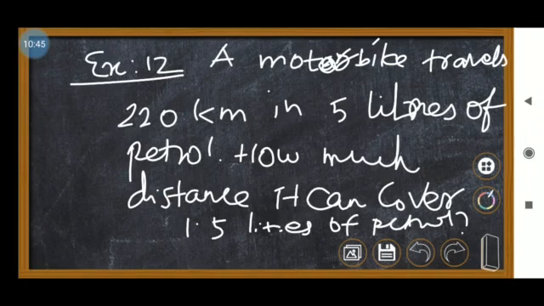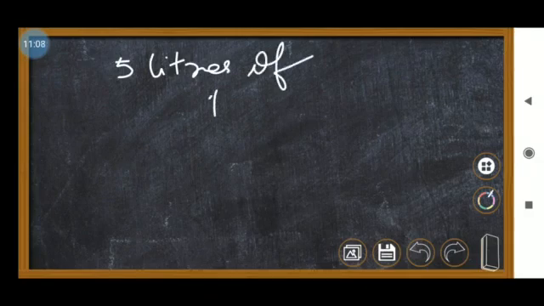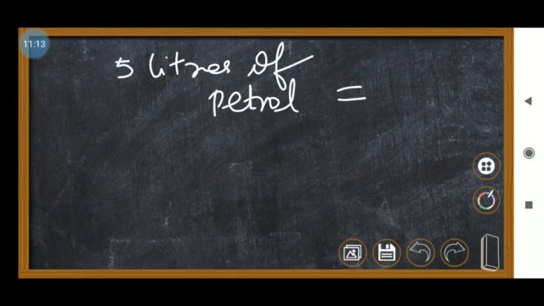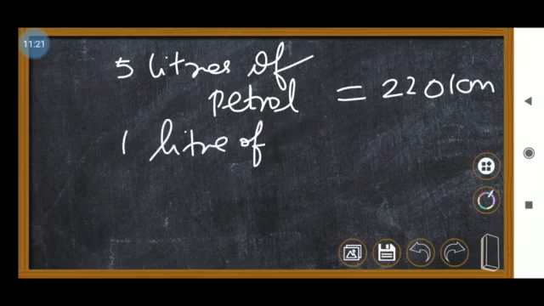So first you have to know that if you put 5 liters of petrol, the motorbike can cover 220 kilometers. So if you put 1.5 liters of petrol, how much will come? First we have to find how much distance it can cover with 1 liter of petrol. When we put 5 liters, the bike covered 220 kilometers.